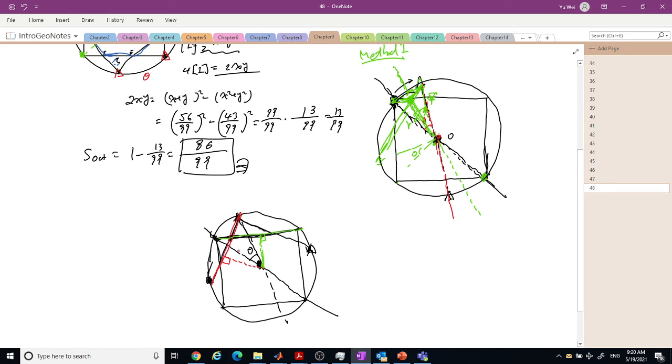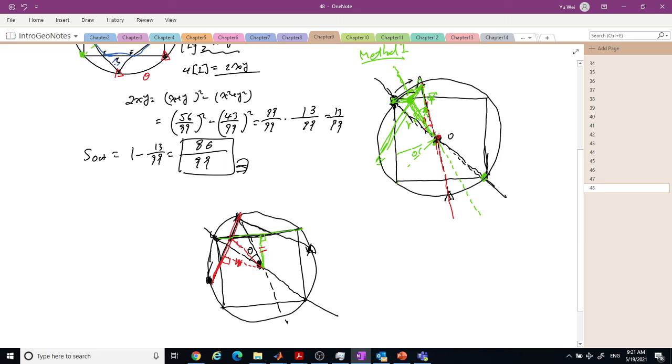What we know is this one, because the distance to the chord is determined by the radius and half of the chord. The radius constructs a right triangle, so the radius is the same and half of the chord is the same. Then we have this one equal to this one.